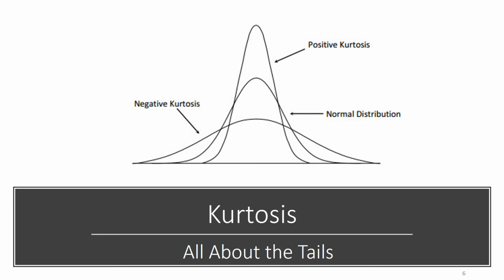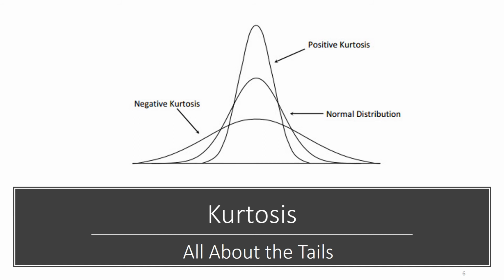And you can calculate a statistic for kurtosis. You can do it by hand, and you can also do it in Excel. Excel will give you a number that's either 0, negative, or positive. With 0, then it's a normal distribution. If it's negative, then it has skinnier tails than a normal distribution. If it's a positive number, then it has fatter tails than a normal distribution.